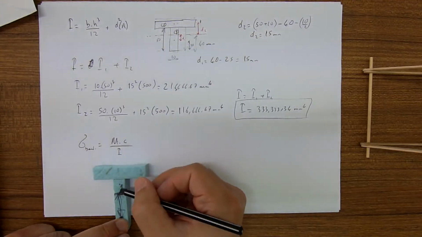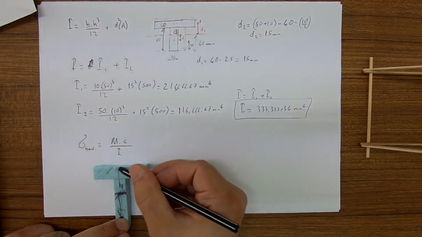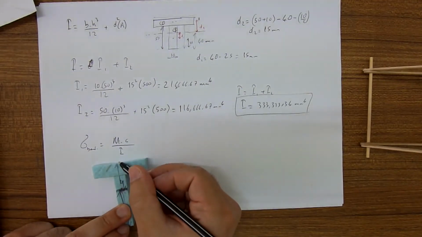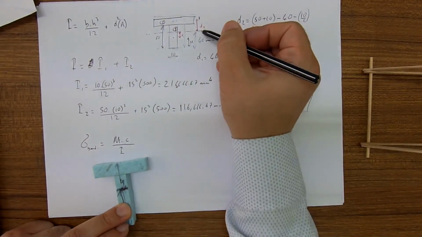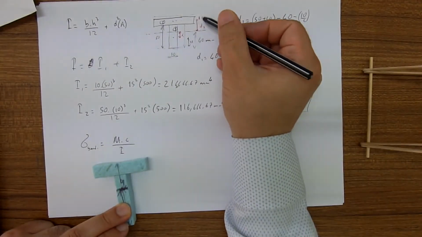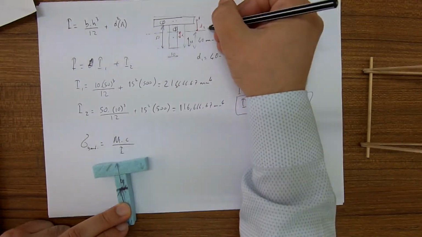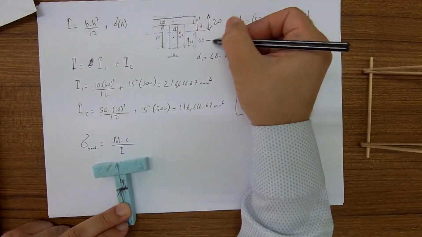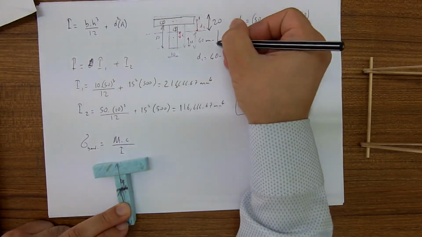So what is the highest c I can give? It is this or this. The distance between the centroid and the top of the section is 20, right? From here to here it is 20, but from here to the bottom it is 40.